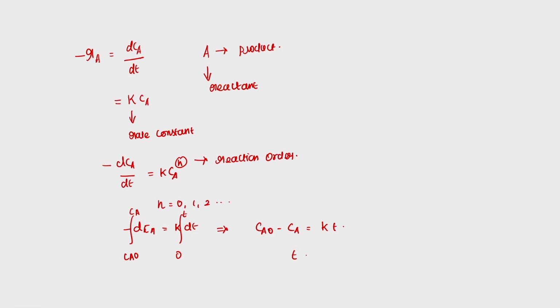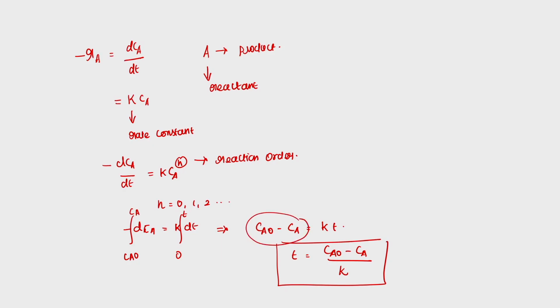So, t is nothing but (CA0 minus CA) upon k. This is what we call the shelf life period, and CA is the quality attribute, right. This is for the 0th order reaction.